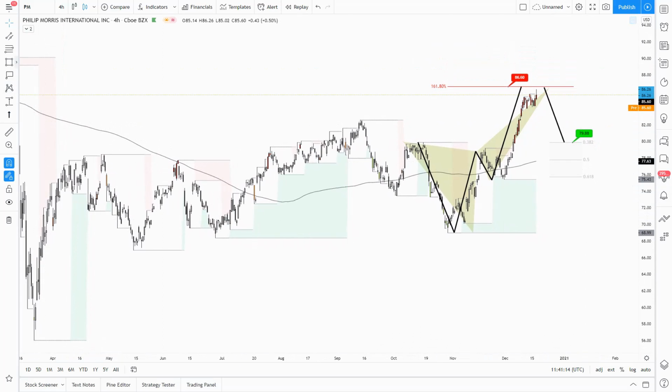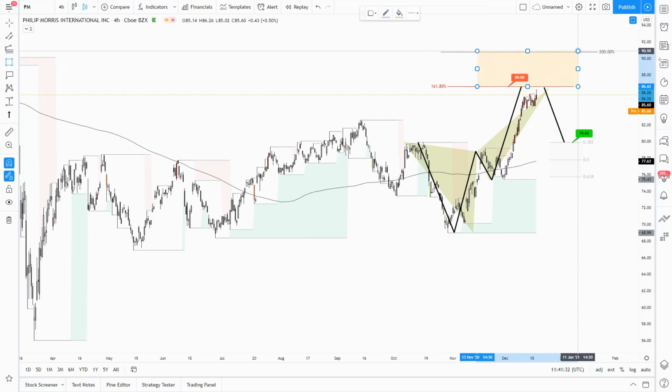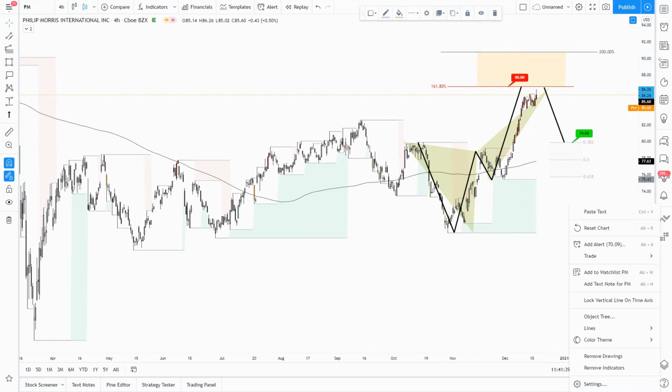Another projection that we can use is the very last swing low, projected at the 200% Fibonacci level, not at 161, but at 200% Fib. So we have a range where I will not be surprised to see Philip Morris reacting.